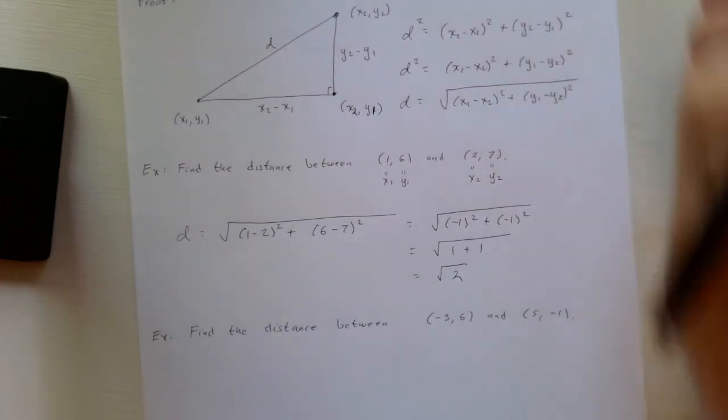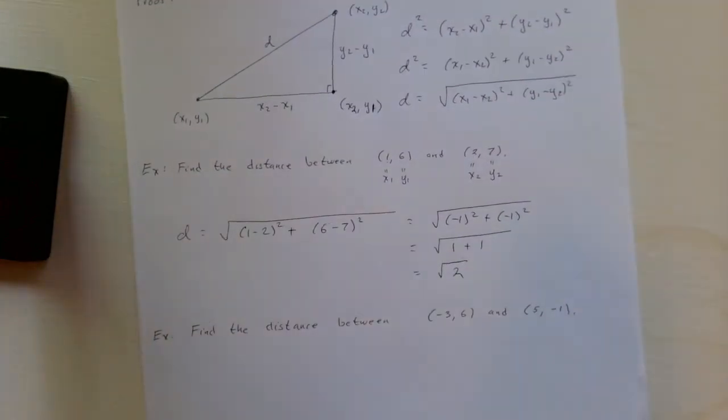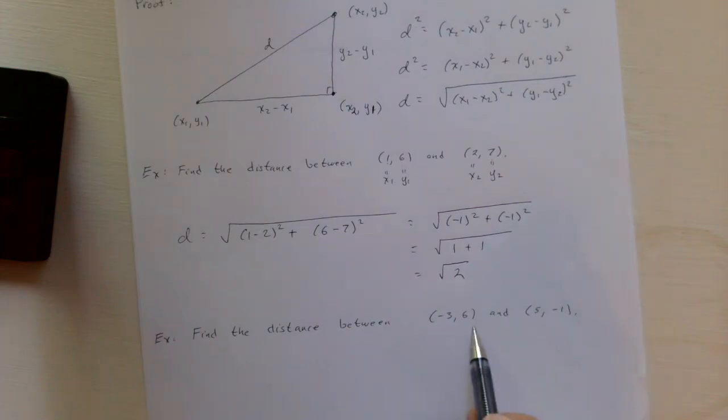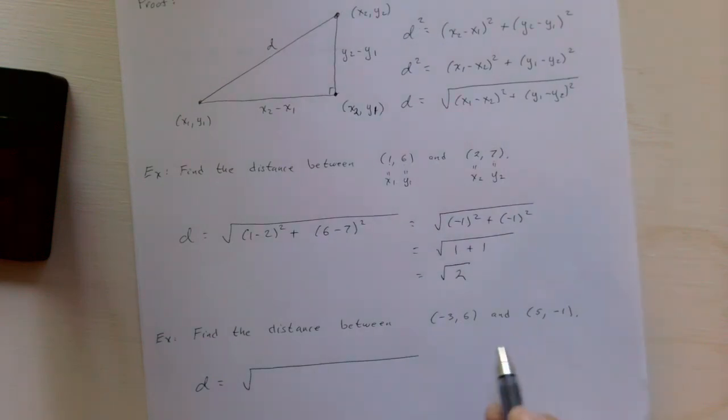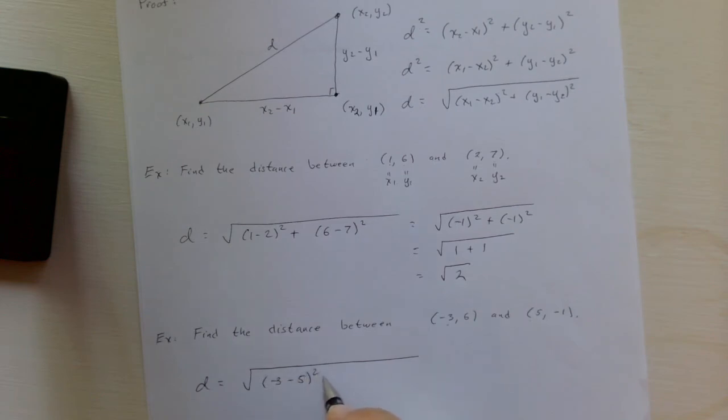Another example. When we get to this, we don't have to write down what x1 and x2 and all those other things are. You can see the distance here would be the square root of (-3 minus 5) squared, and then (6 minus negative 1) squared.